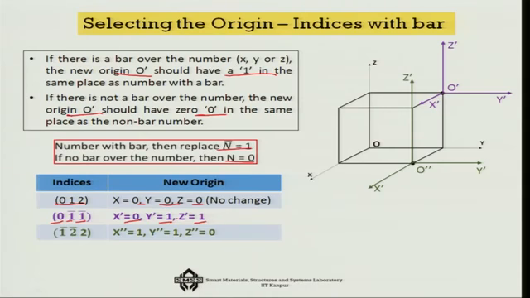For 1 bar, 2 bar, 2, that means 1 bar is 1, 2 bar is 1 and 2 is 0. Thus, we can select the origin. This is important if I give you a Miller index and tell you to find out the plane or the direction, then you need to first define the origin. So, this is the way we can define the origin of the system.